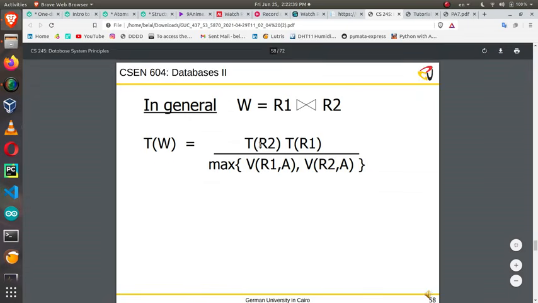T of R1 times T of R2 over the maximum of the number of distinct values in both tables or relations R1 and R2 for column A or for attribute A. Okay, please remember this is the common column or the common attribute we use during the join.